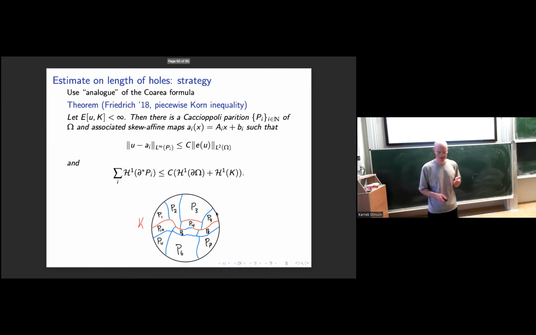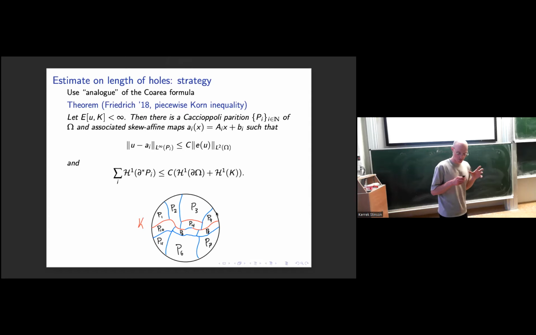The way we prove this is a bit involved, and I'm not going to go into it too much today, unless you want me to, so then ask me after. And we use an analog of the Poincaré formula. And this is something that Manuel proved, I think in 2015, and then it was published a little bit after. And this is the piecewise Korn inequality.